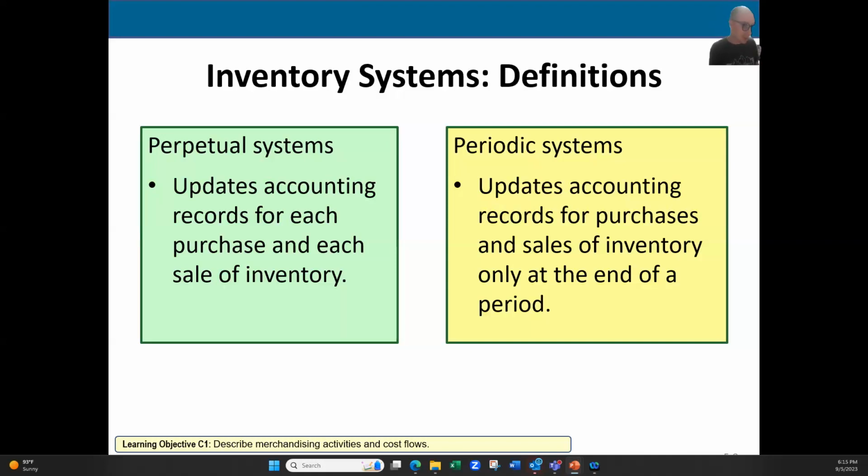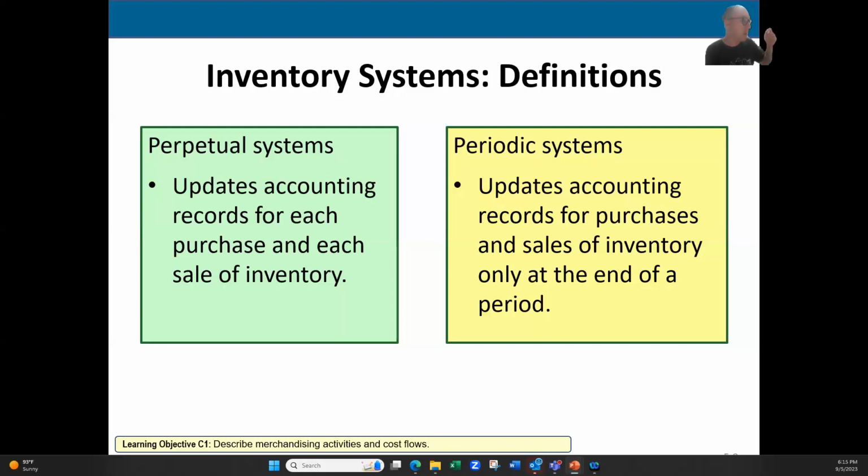Physical count. A type of business that would use a periodic inventory system would be a really small retailer that only sells a very few products, like maybe a corner store type of operation. Another type of operation that might do this would be like a food truck vendor or a small local business that only sells very few products.